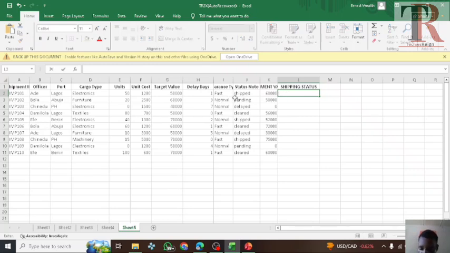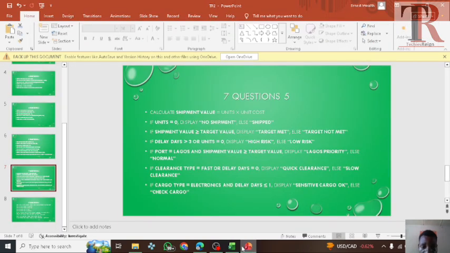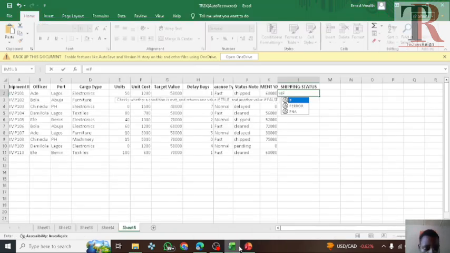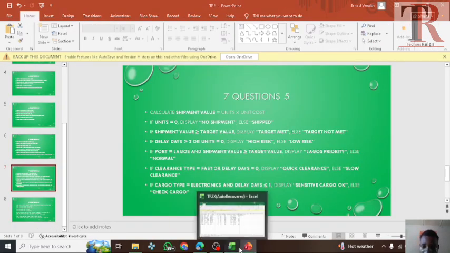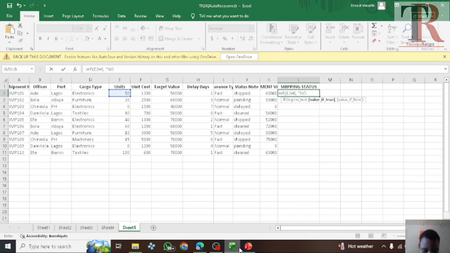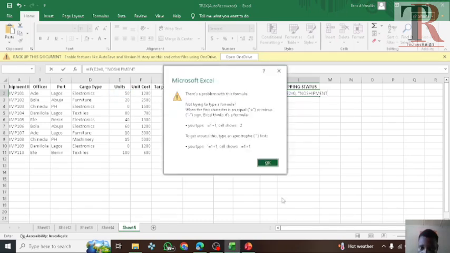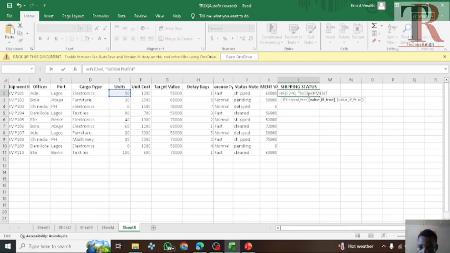If we are using the if function now, if unit, which is E2, if E2 is equal to 0, then display no shipment, else display shipped.